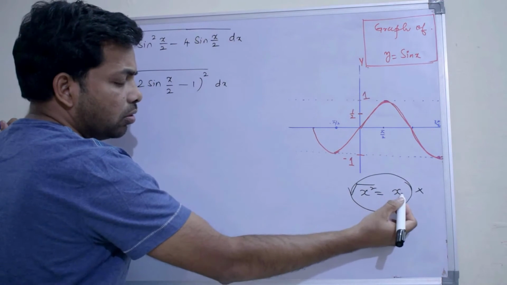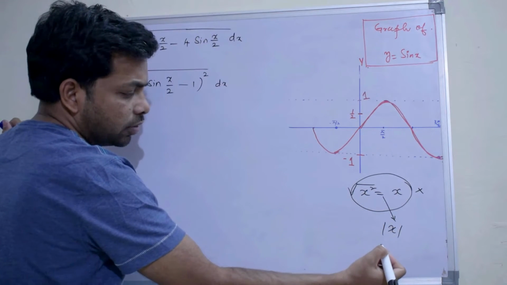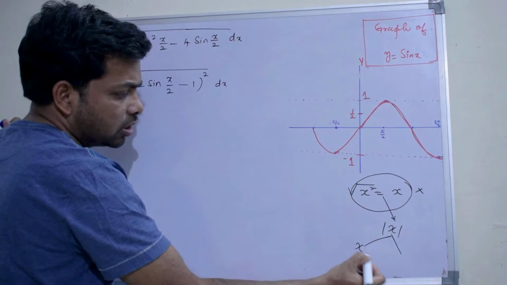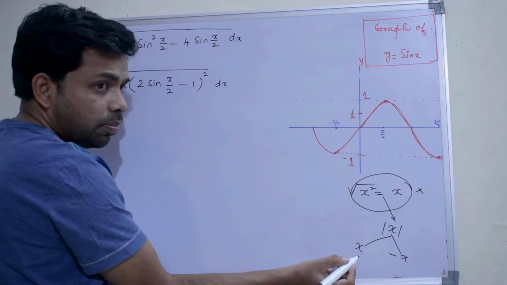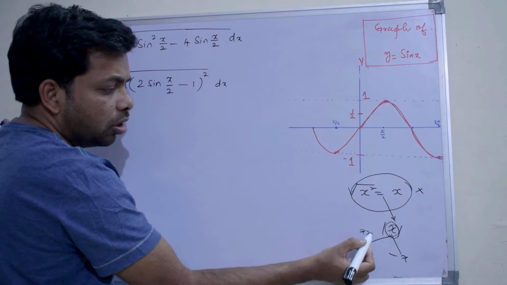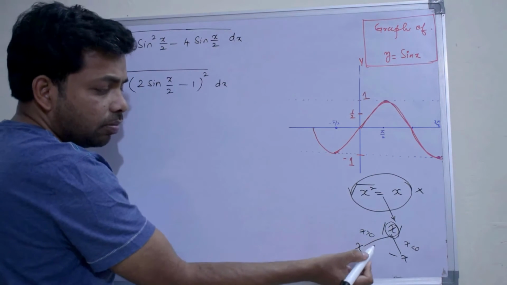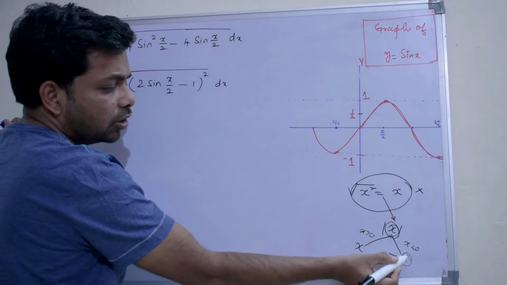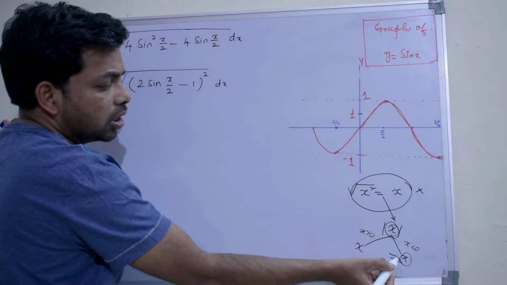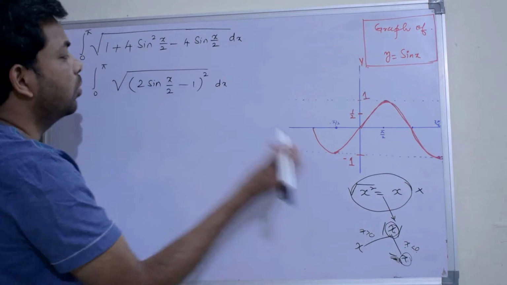Root of x square equal to x is wrong. Root of x square is actually modulus of x, and modulus of x is maybe x and maybe minus x, depending on whether the value inside the modulus is positive or negative. If inside the mod it is positive, we take x as it is, but if it is negative, we write x together with the minus symbol, minus x. So mod x is minus x if x is negative, and mod x is x if x is positive.